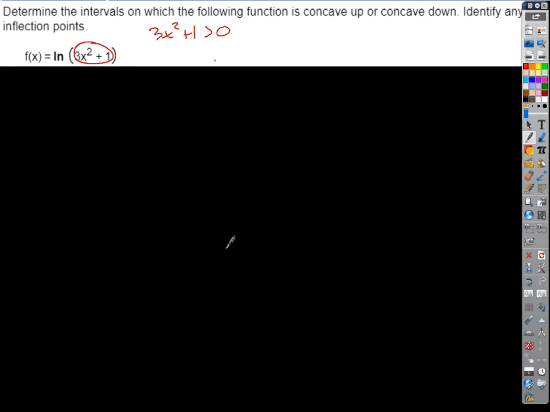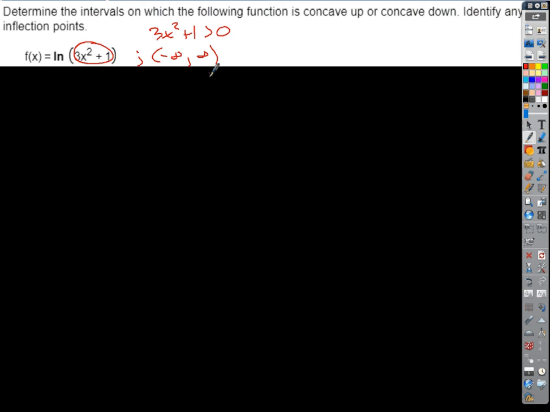But when's that true? For what real numbers is x squared greater than some negative number? All reals, right? x squared is always positive, or always not negative, right? So the domain then would be all reals. Does that make sense? Okay, so we got the domain.